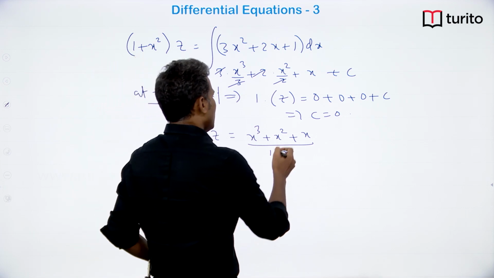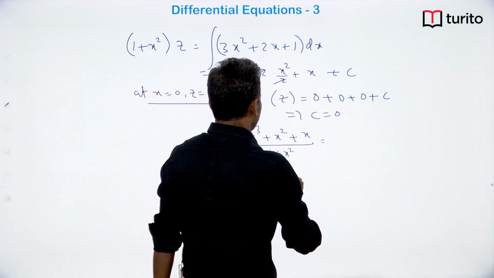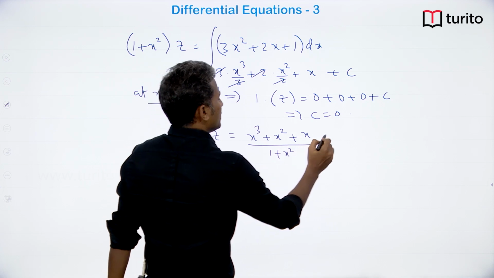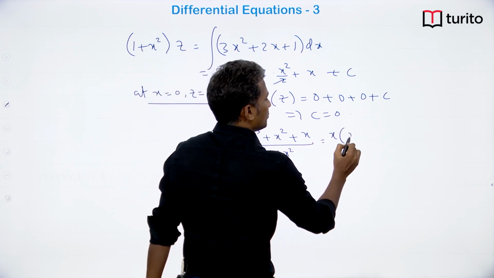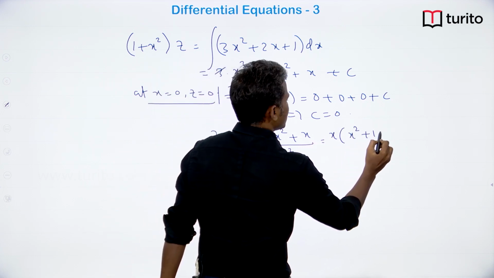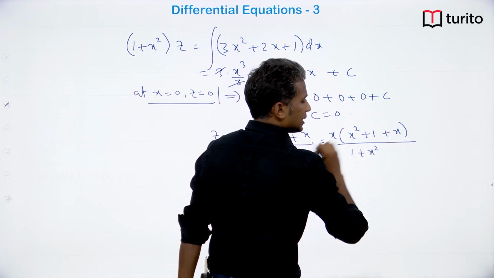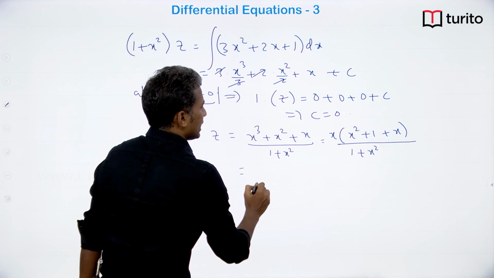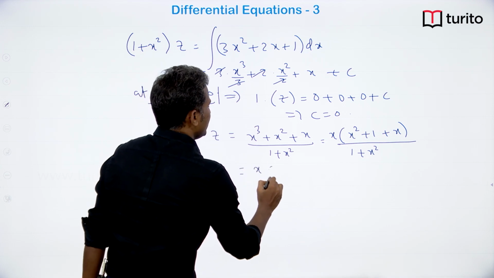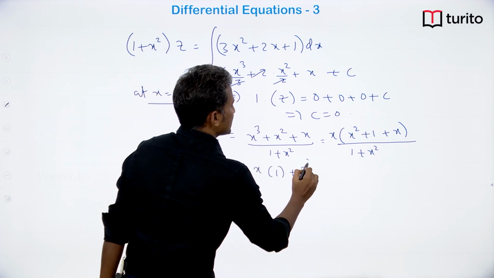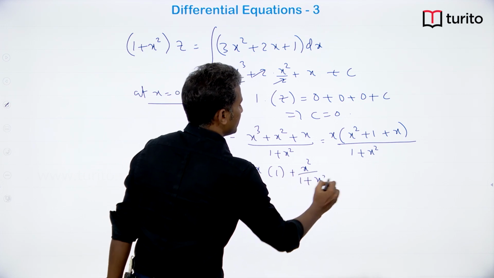So here I can observe that if I take x common, it can be written as x square plus 1 plus x divided by 1 plus x square, right? So we can write this as x into 1 plus x square by 1 plus x square.